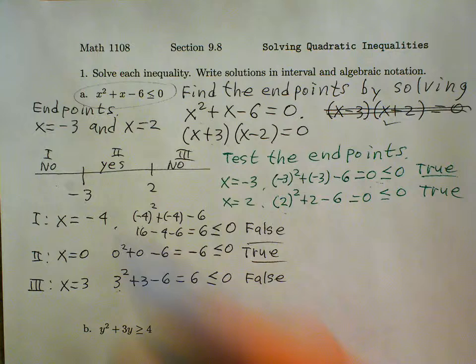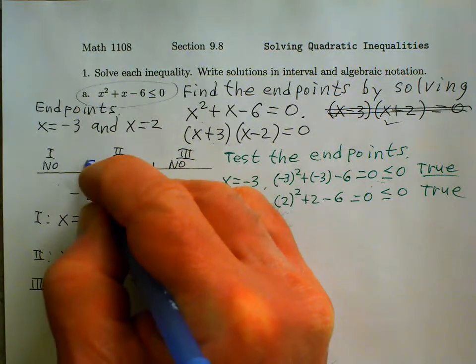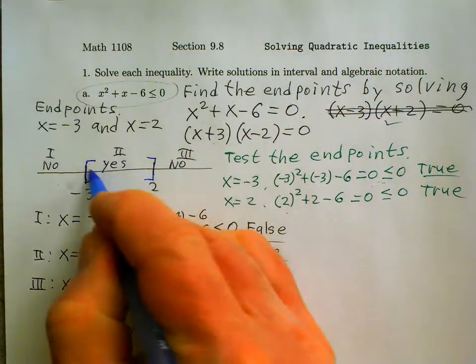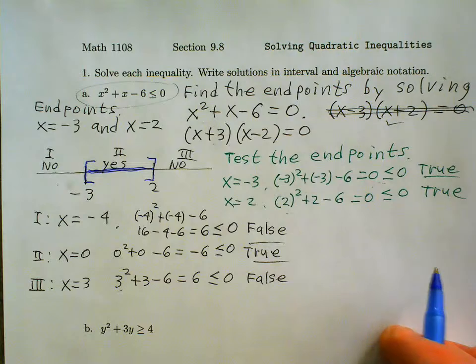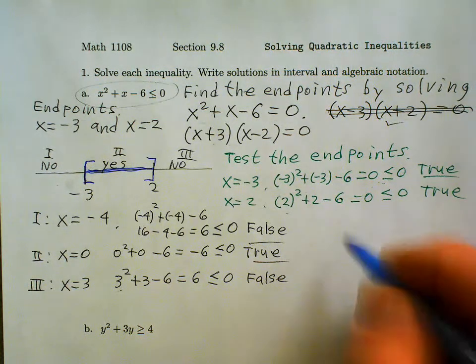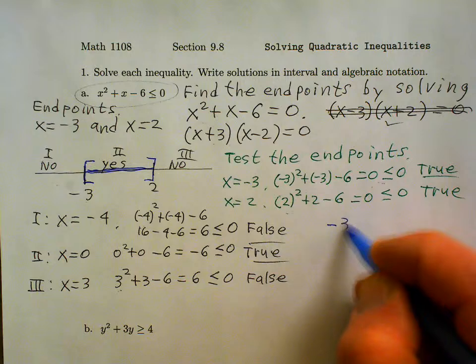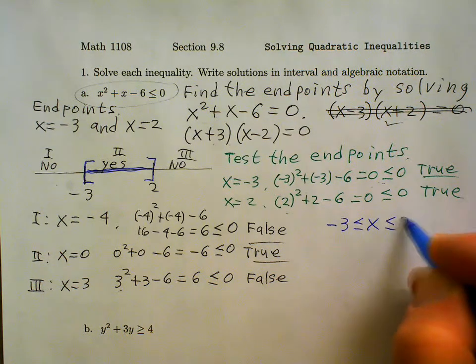All right, so graphically, since the endpoints are included, we put brackets at the endpoints and then all of the numbers in between. The algebraic notation: negative 3 is less than or equal to x, which is less than or equal to 2.